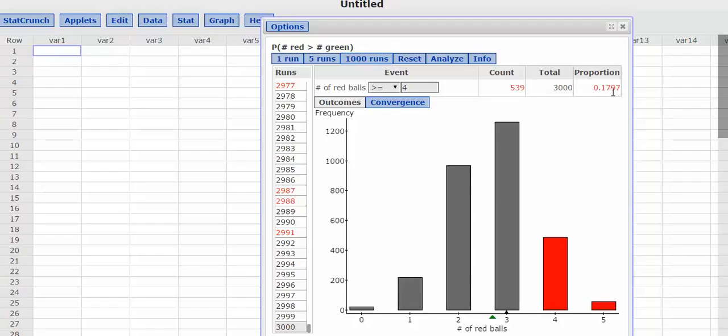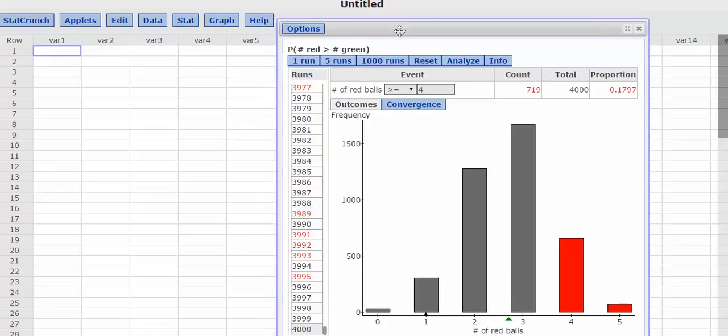Now, why did it go down? The reason it went down is there's probability running around. We're doing a simulation, but we're using a random number generator, and for the last 1,000 runs, we had far fewer instances of having more red than green. Do that one more time, and we get 0.797.